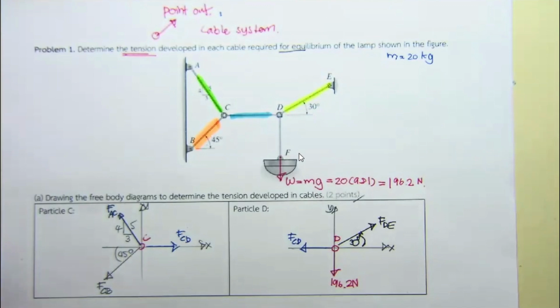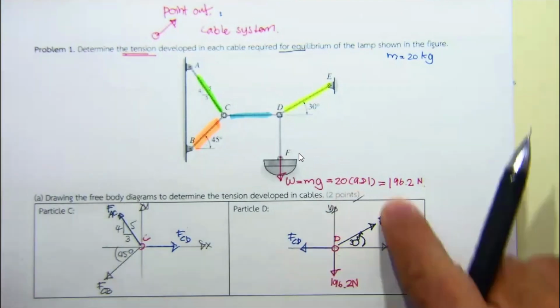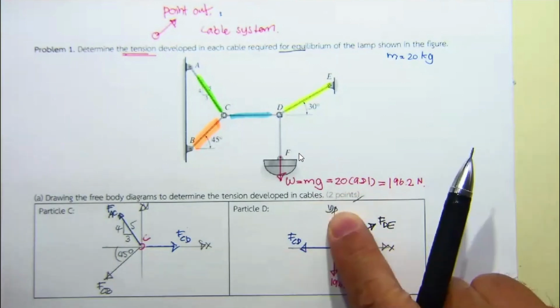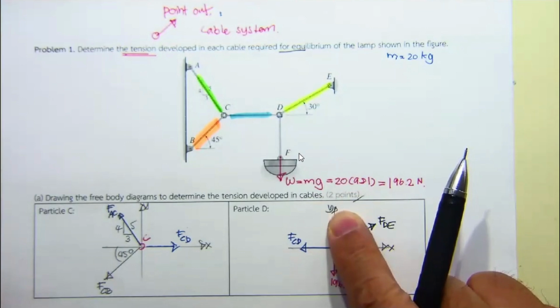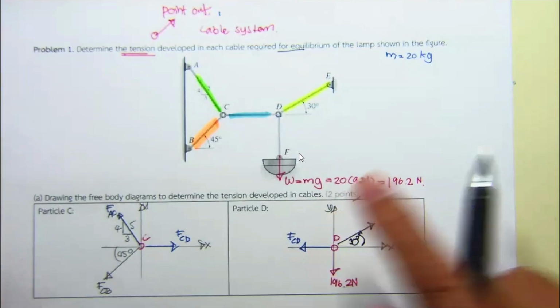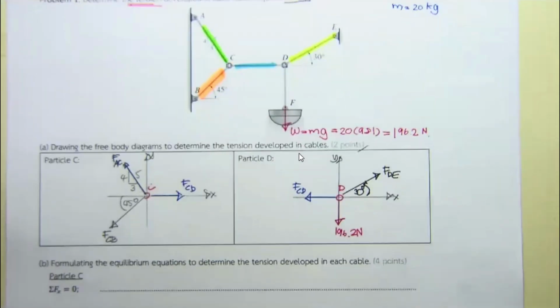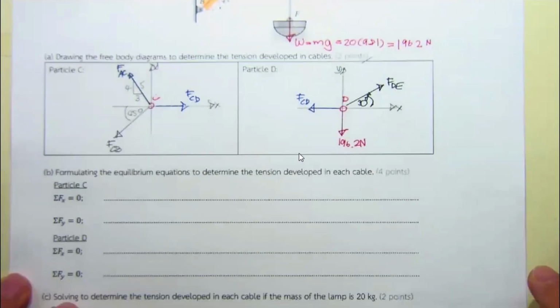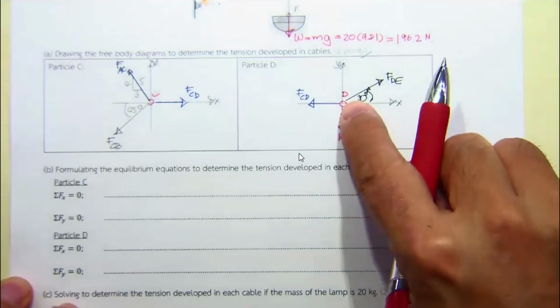Then we have to formulate the equation, and you have to start from what? You have to start from this one. Then they want particle C and particle D. Actually, it's better to start from the joint.